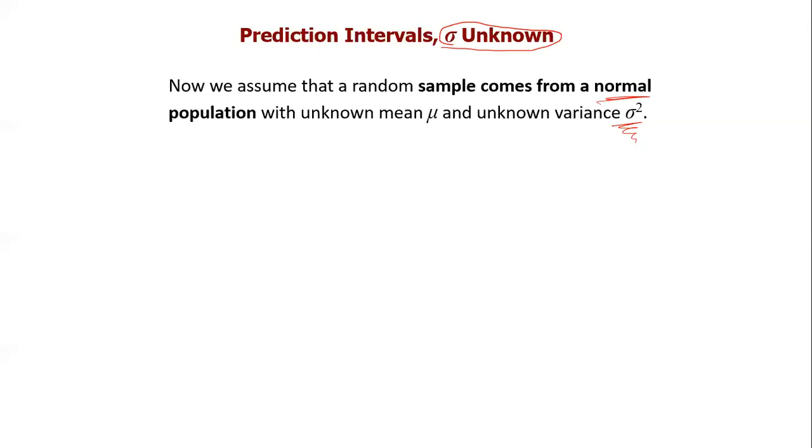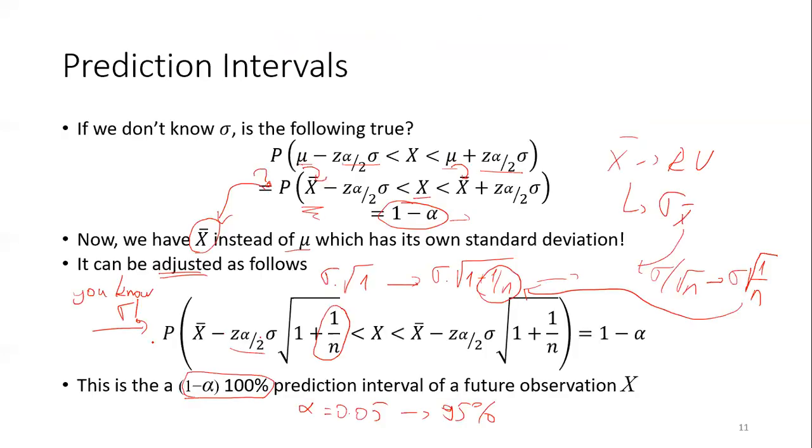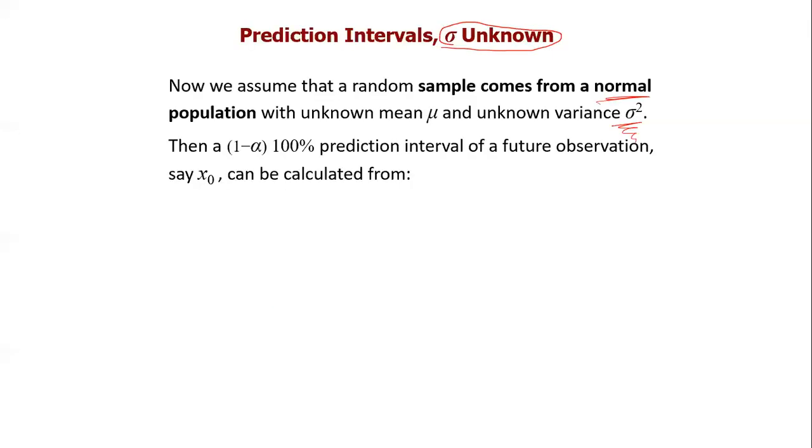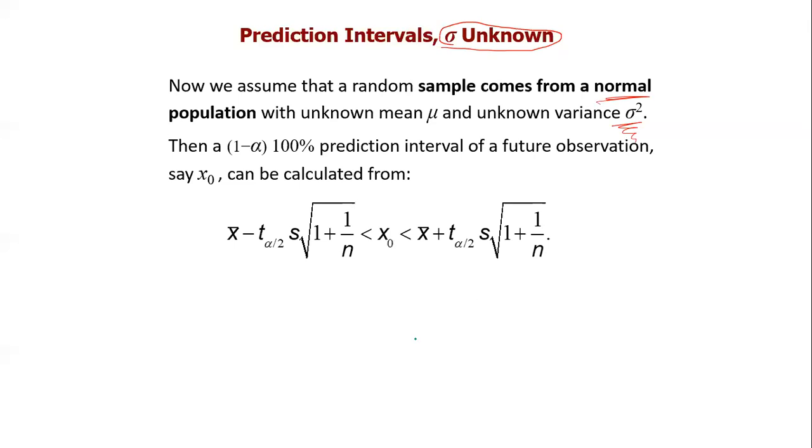Just pause the video and think of this for 30 seconds. What happens to this formula? As you might guess, the z will return to t and sigma will return to s.